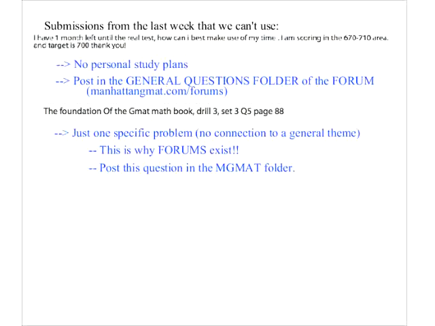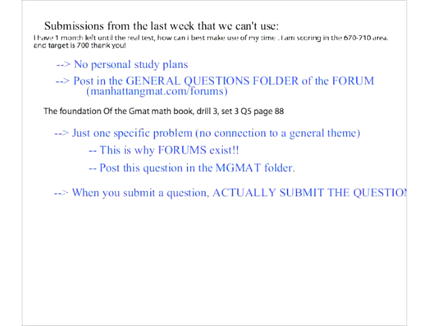The other thing is you can't just give us a problem number like this, because we don't have all these books lying around everywhere. When you submit a question, you actually have to submit the question, meaning you have to give us the question itself.